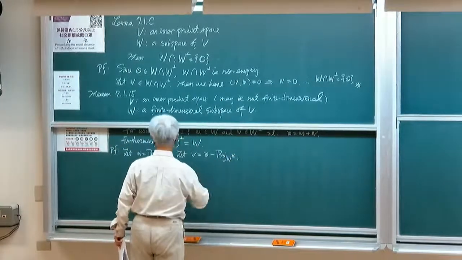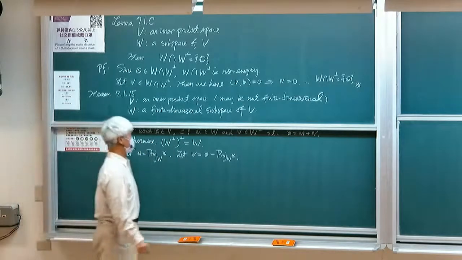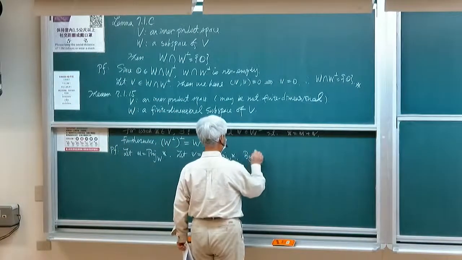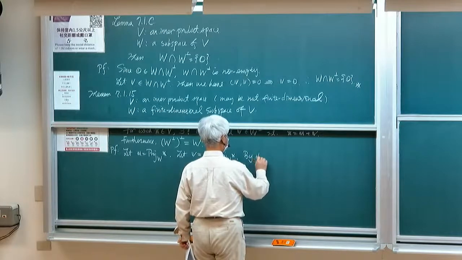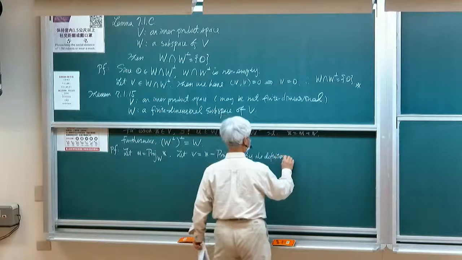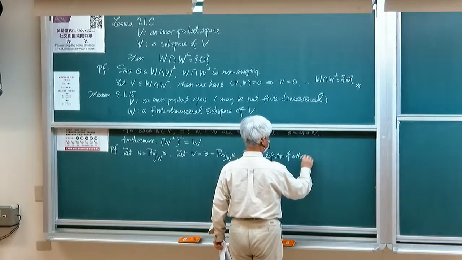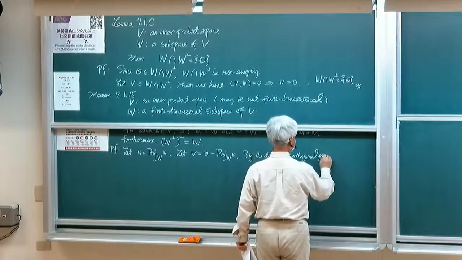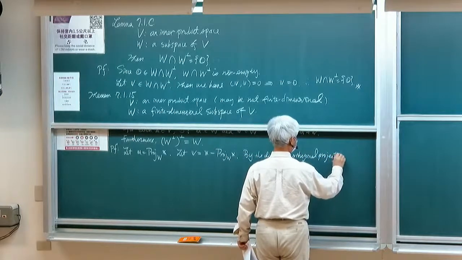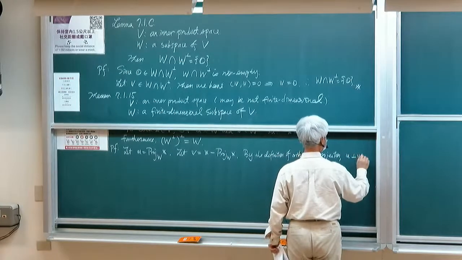Then by the definition of orthogonal projection, we know that U is orthogonal to V.